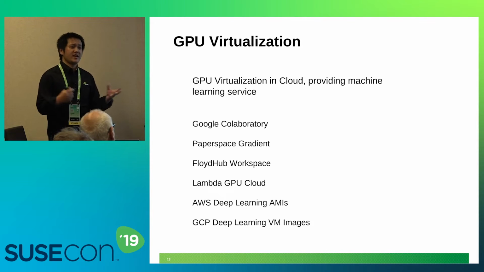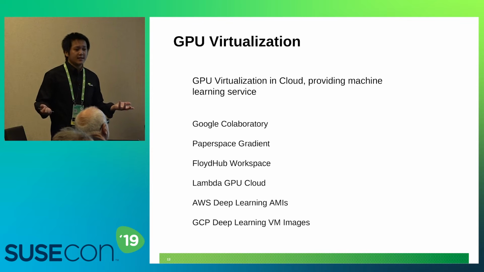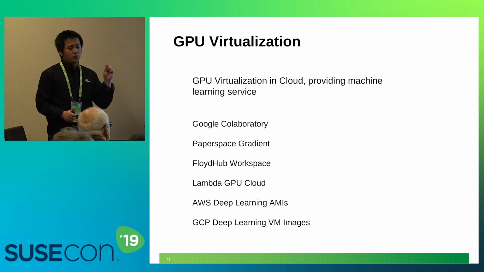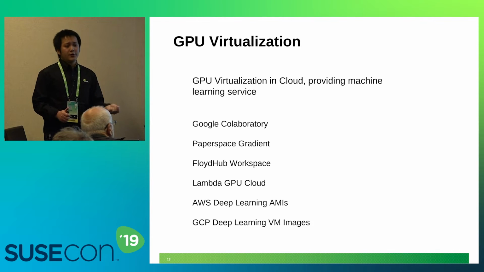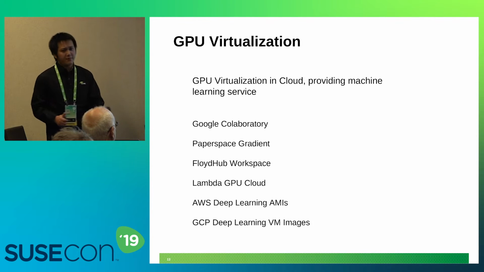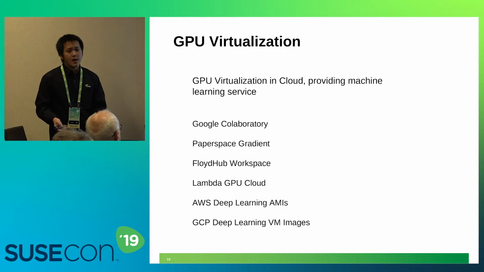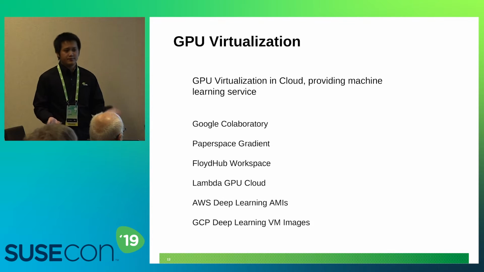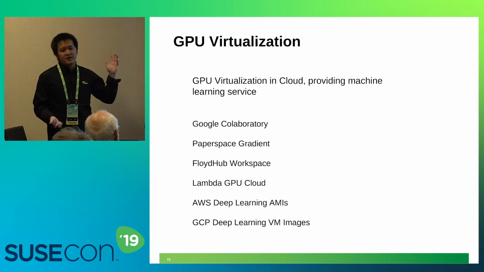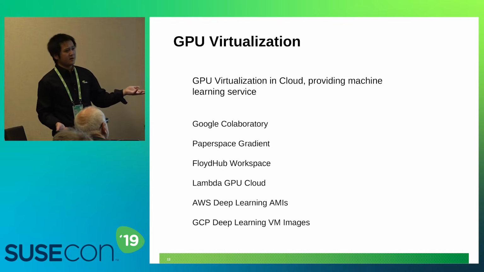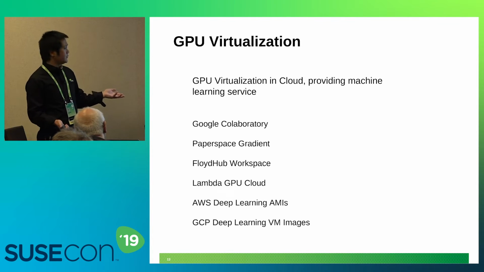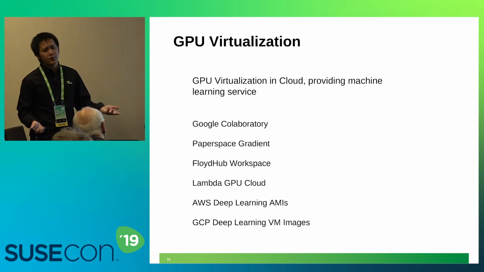Based on that, there are a lot of companies providing this service. They have their cloud environment, and they provide this kind of virtual machine image. Basically, you create an account, you log in, you create an instance, then they will boot a VM for you. And in this VM, all the things are set up. There's the GPU, all the libraries, the frameworks, even a Jupyter notebook and some development tools.